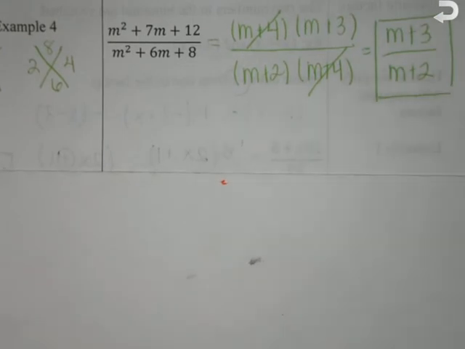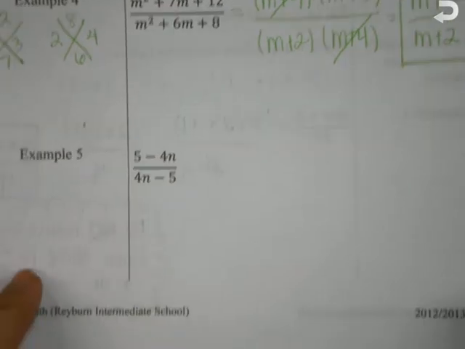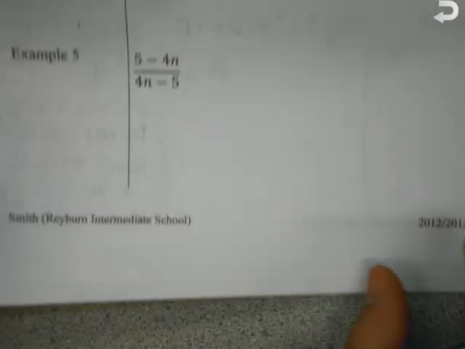They're connected in parentheses. So unless they are exactly the same, you cannot cancel them. Okay? Thumbs up, thumbs down now. Excellent. Good. Okay, example 5. 5 minus 4n over 4n minus 5.